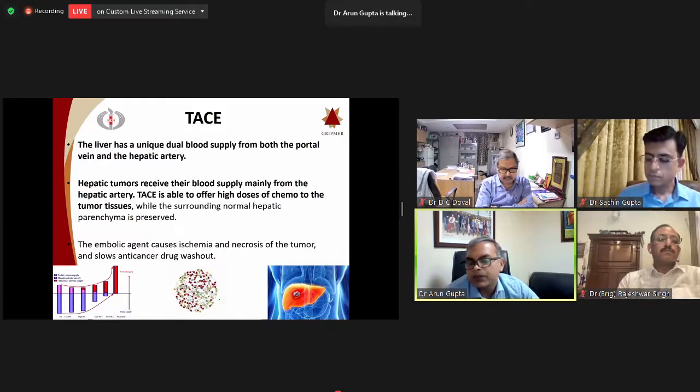That gives support that if we treat the lesions with the transarterial route, we get good tumor control. So basically, it's a combined role of ischemia and the effect of the high chemotherapeutic concentration that kills the tumor, and we get good tumor control.